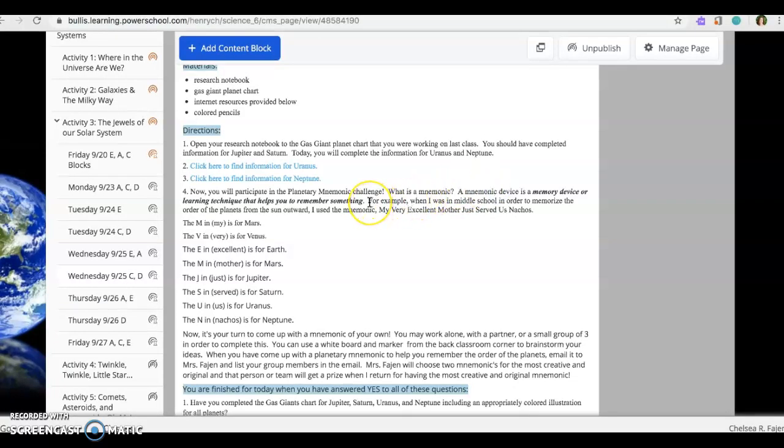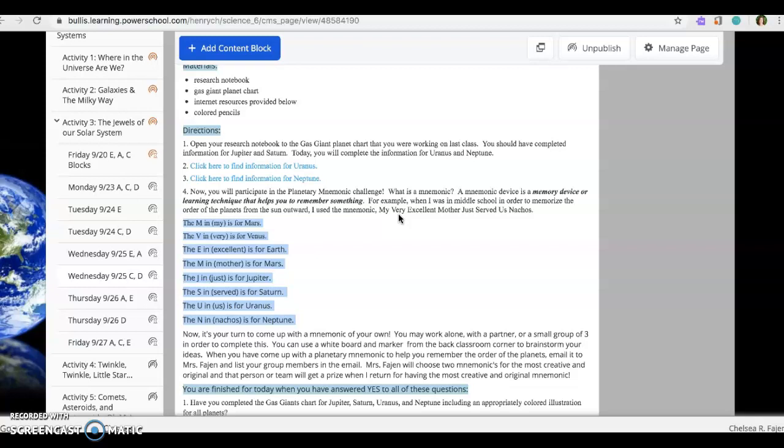Now I'm going to give you an example of what I used when I was in middle school to help me remember this. I used the mnemonic that says, my very excellent mother just served us nachos. And I'm going to tell you why this is a mnemonic. Because I can easily remember that sentence, and then the M in my is for Mercury.